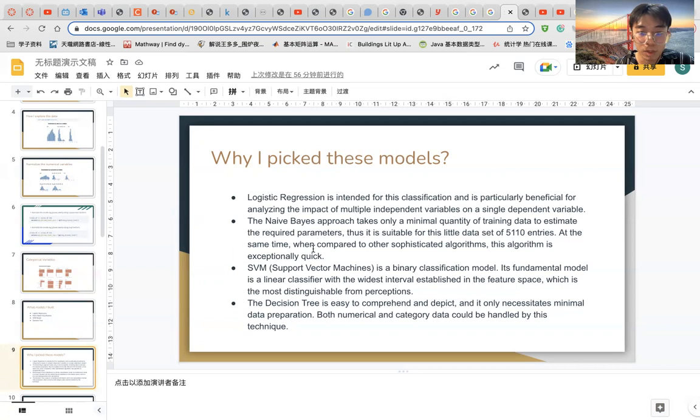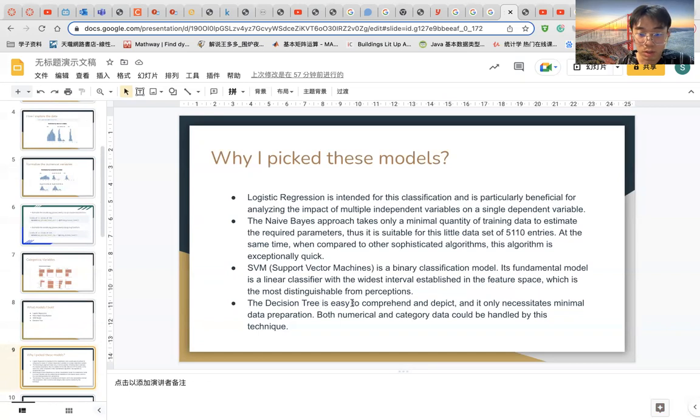At the same time, compared to other algorithms, it is exceptionally quick. The third model, support vector machine, is a binary classification model. Its fundamental model is a linear classifier with the widest interval in the feature space. And the last one is decision tree.